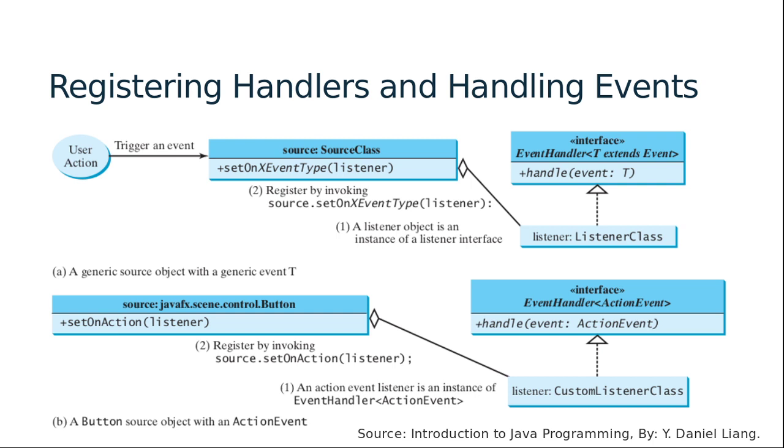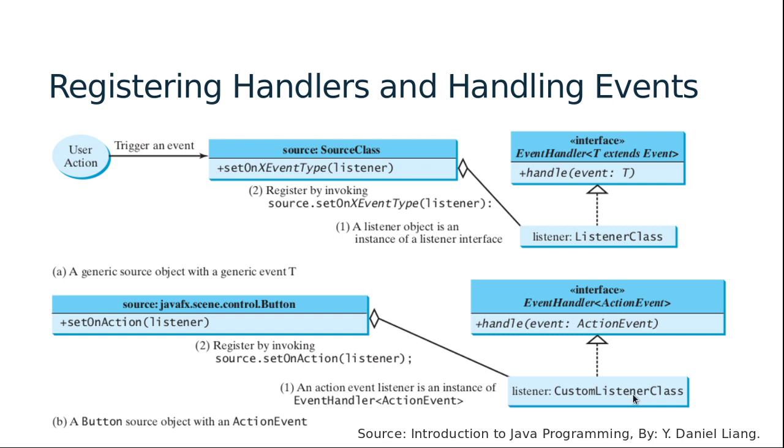Just below this first image, the bottom part, you will have the perfect example. If the user creates an action, we set on action listener. Now this listener is a custom listener class. It is a custom listener class because we define what we need to perform when this action is created.